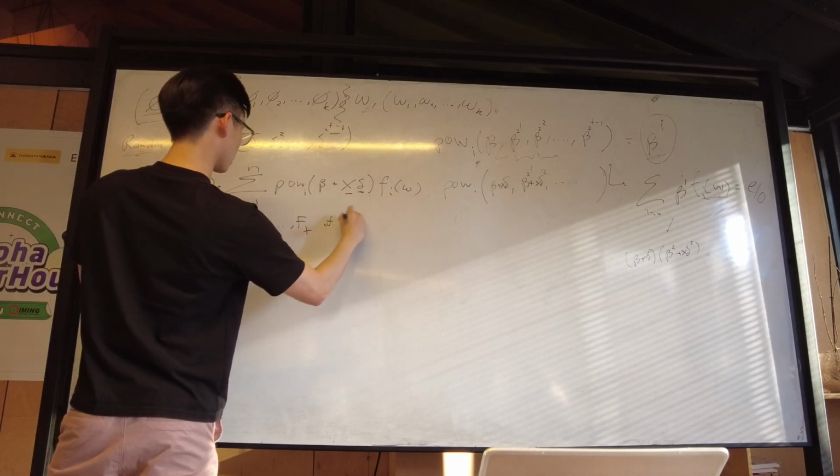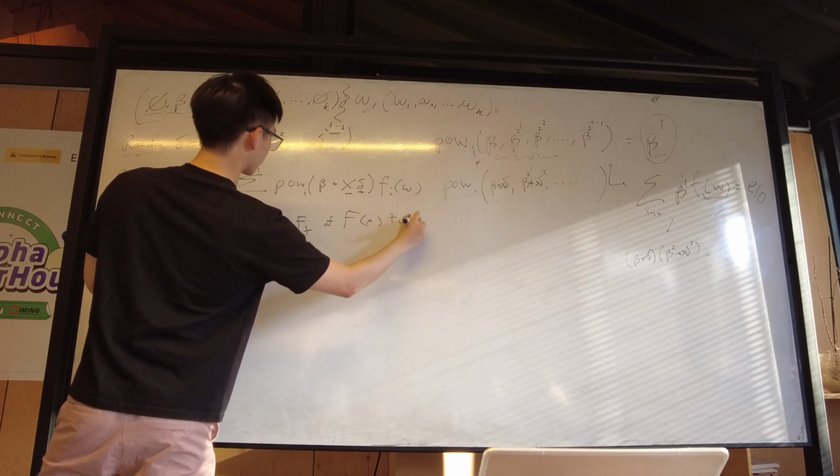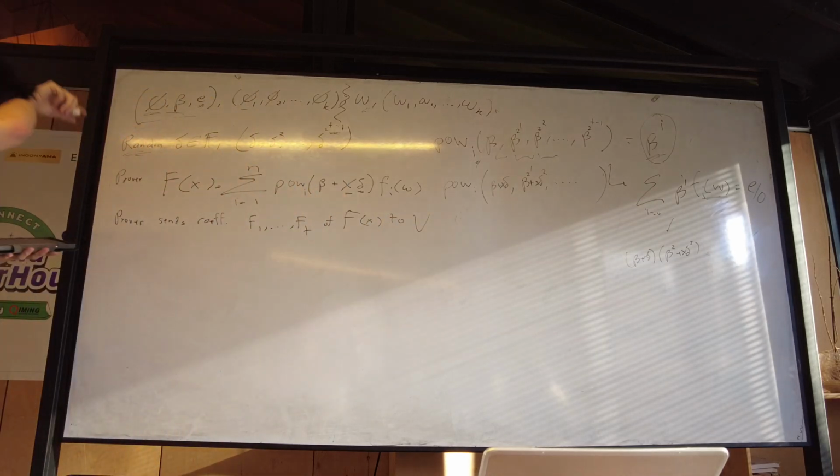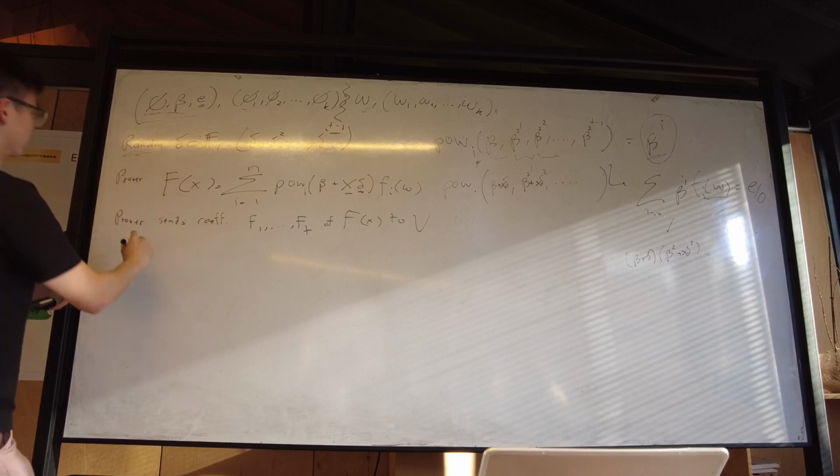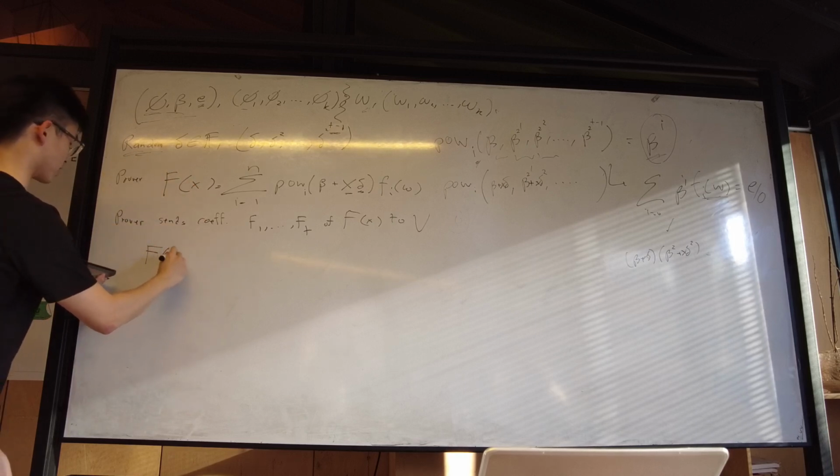And this gets back to the same thing, f of x to E. The intuition is that if you look at the coefficient itself, like f0, what is f0?